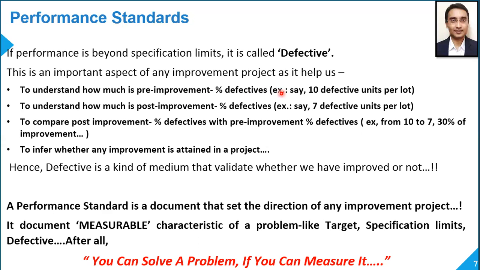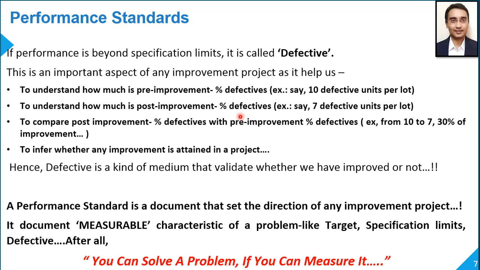Say, 10 defective units per lot, for the second example. The next thing the definition of defective helps us understand is the post-improvement percentage defective. After the improvement project is deployed, performance will improve, meaning the number of defectives will be reduced.